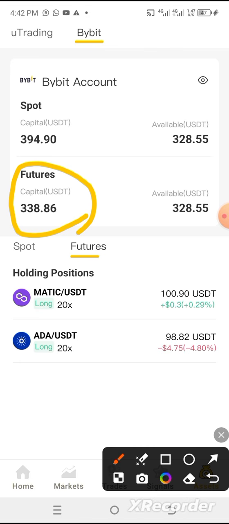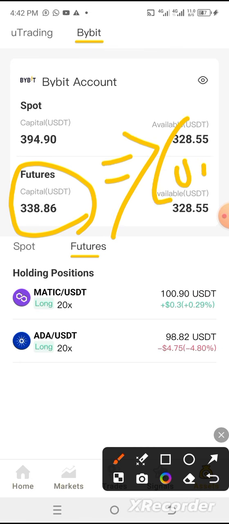What will you love to do? You would love to trade more coins, isn't it? That is where greed enters, and that is where the problem is. This money looks like it is there, not doing anything. Why can't I trade more? Oh, there's a coin that is booming.